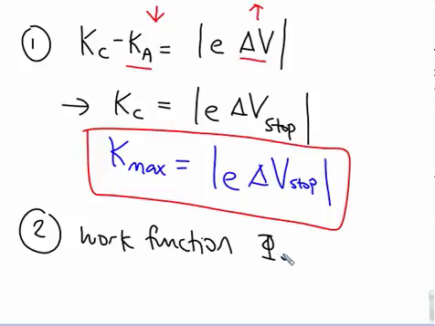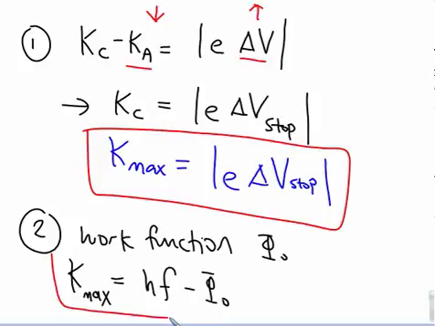So if light falling on the metal plate has energy of HF, then if we take away the minimum amount of energy required to remove an electron from the metal, what we're left with is essentially the maximum KE of the photoelectron. So this is simply a statement of conservation of energy and is another important relationship. I'll put that again in the red box.